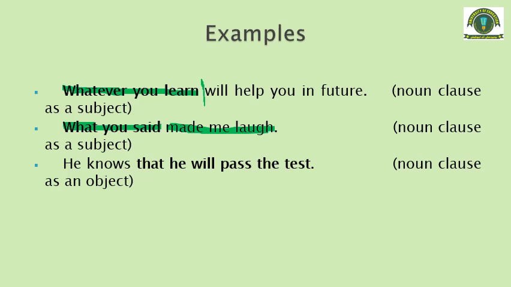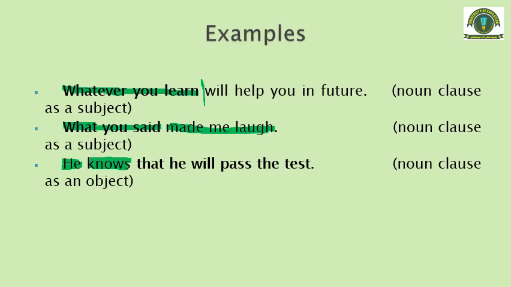He knows that he will pass the test. He is a subject. We have identified it. Knows is a verb, an action, a predicate. So that he will pass the test is also part of the predicate.